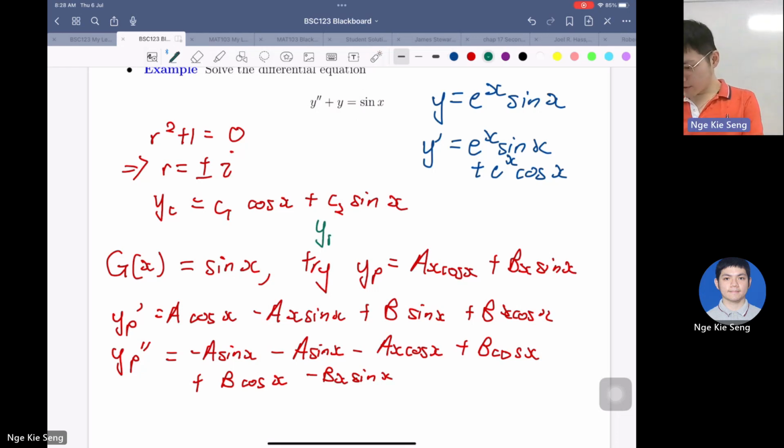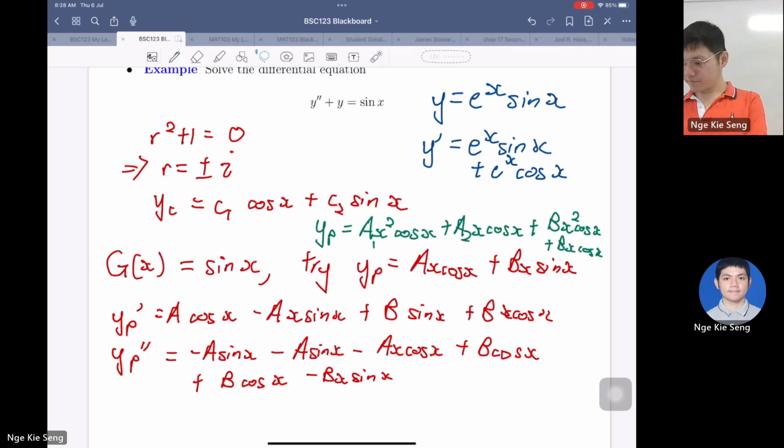My point is maybe you can try this: a x squared cos x. Maybe a1 plus a2 x cos x plus b x squared cos x plus b x cos x. Maybe you can try this.